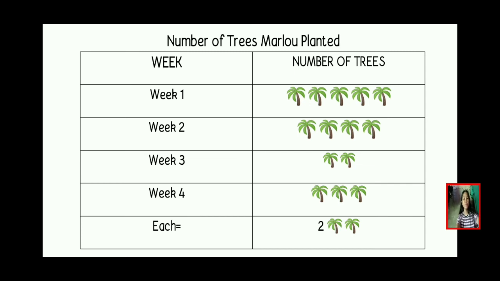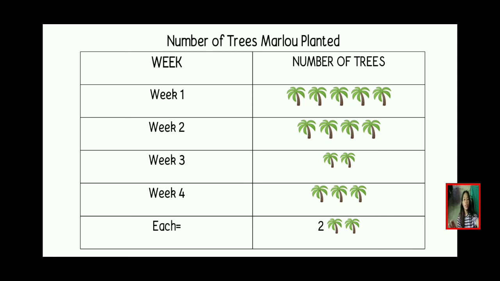This means that 10 is the number of trees Marlo planted in week 1, because each tree has an equivalent of 2. 5 times 2, with 5 trees shown in the graph, equals 10 trees Marlo planted in week 1. So this illustration is what we call again a pictograph.